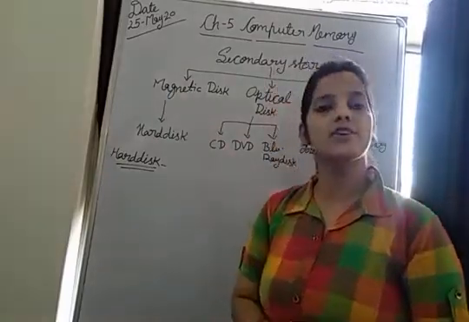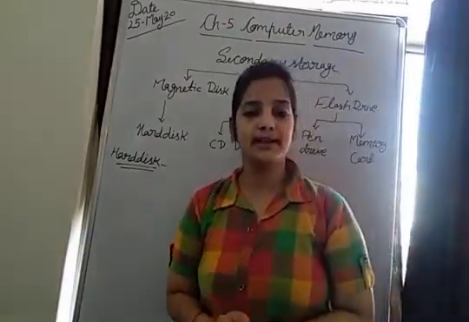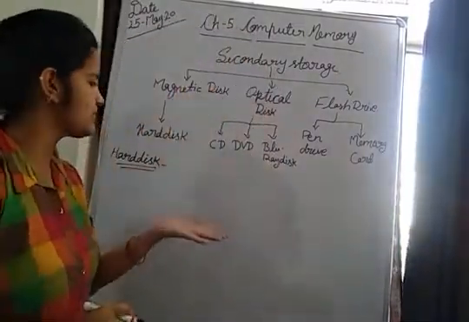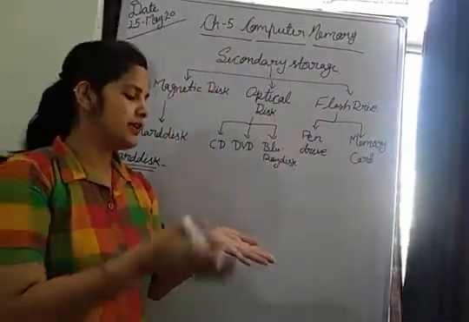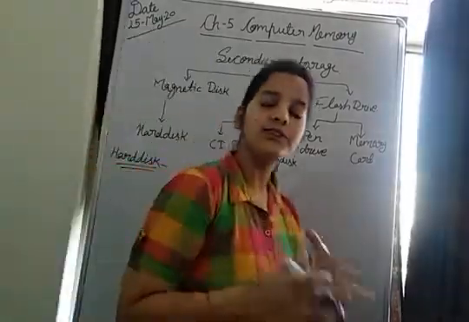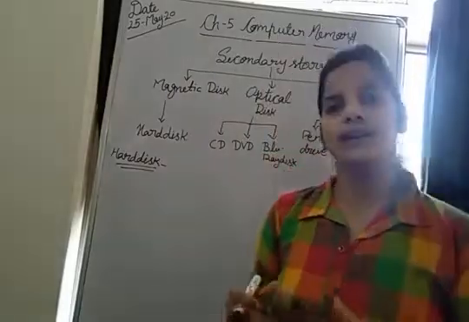Hard disk consists of one or more magnetic disks, and each disk has a top and bottom surface. Like suppose this is the hard disk. Okay, so it has one top and bottom surface, which is used to record the data.